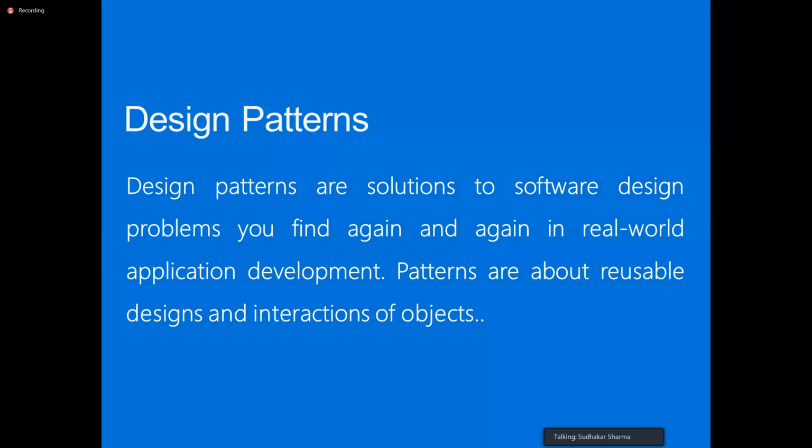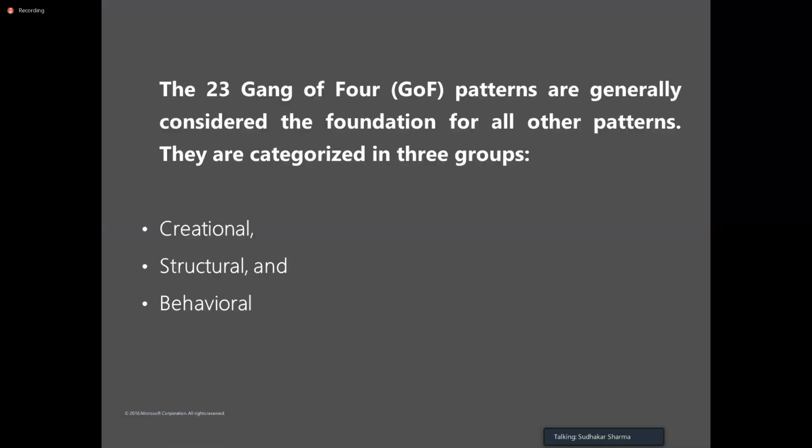And we have 23 design patterns. We call them gang of four design patterns. They are categorized into three: creational, structural, behavioral. Creational patterns deal with object creation mechanisms. Structural patterns deal with designing of classes. And behavioral patterns deal with communications.